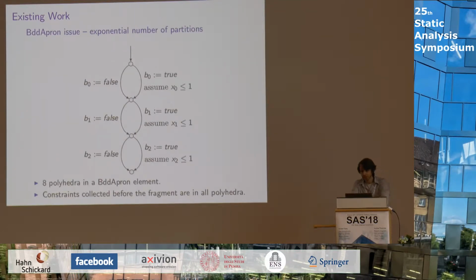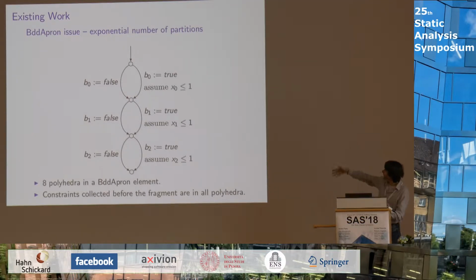There is a slight unfortunate issue with BDD-apron: the number of polyhedra you are going to deal with in a single element is exponential in the number of Boolean variables that you have. And you hit these cases quite often, especially when you have programs that have sequences of conditionals where you need an observer variable for each conditional.